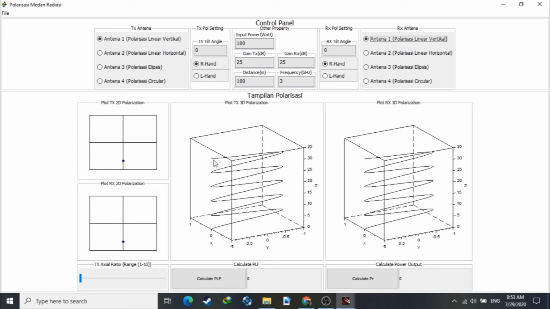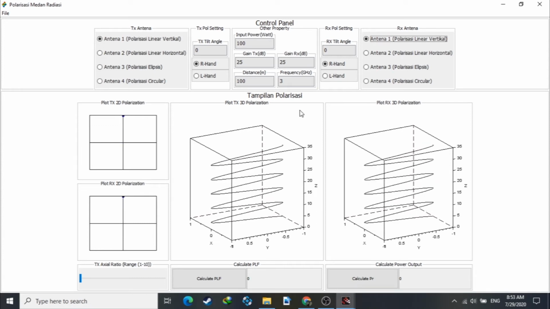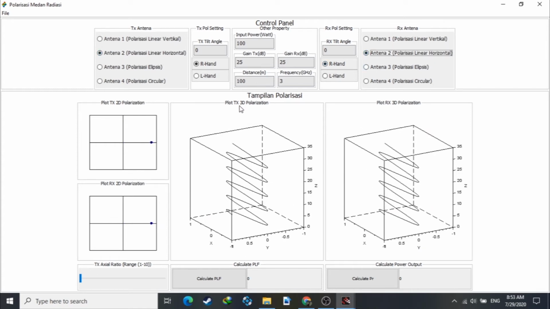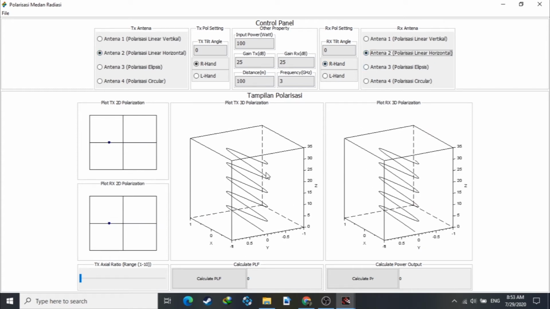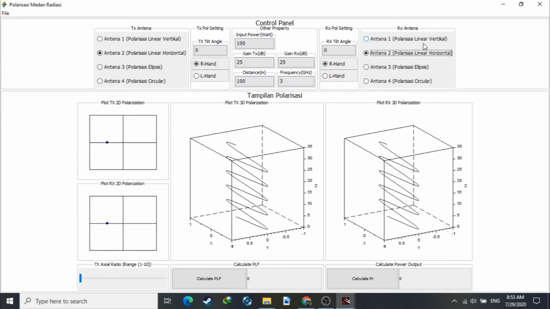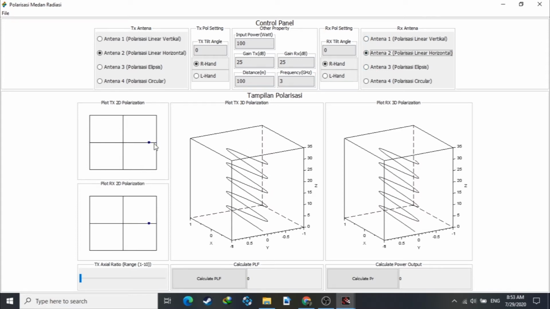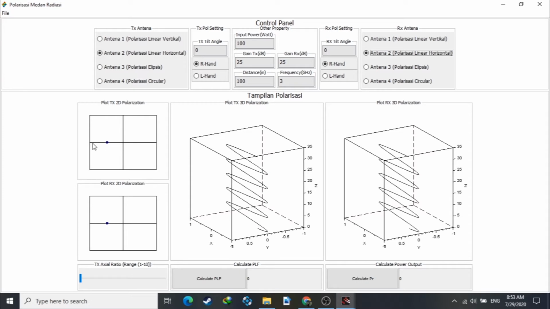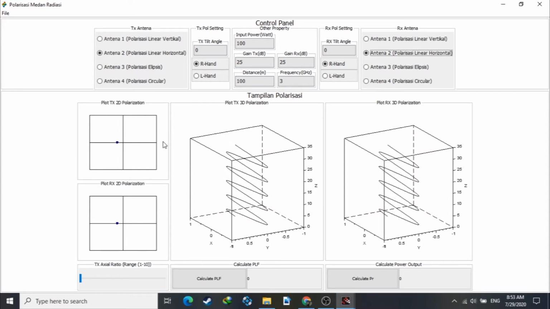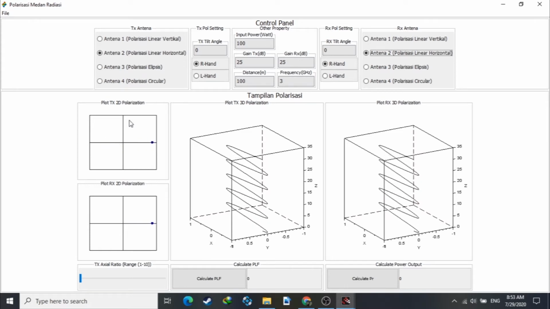Here it's going right and left respectively, and the second one is the linear horizontal polarization. It's the same as the linear vertical polarization, the same movement in one dimension but in a different axis. As you can see here, it moves in the horizontal axis.